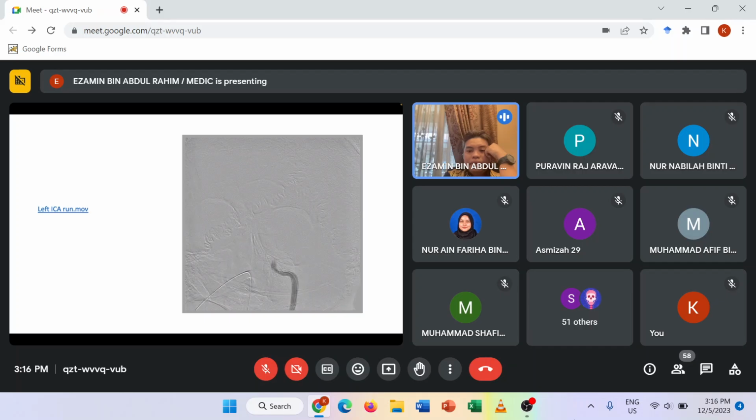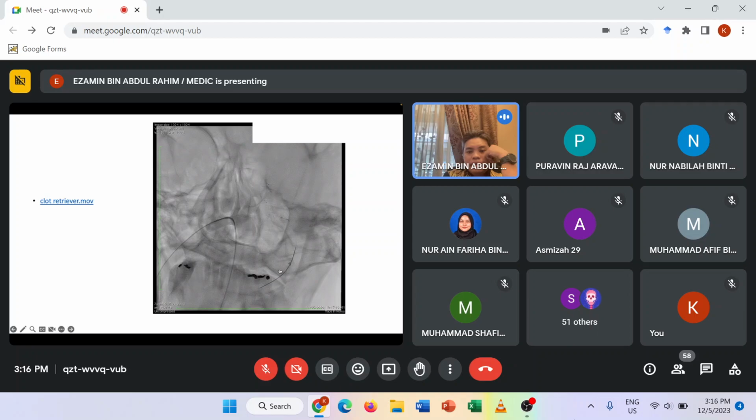This is again an angiogram on the left side. This one is left side, this is right side, and this one left. Right, always this side. If you notice in this angiogram, this is our catheter there. And again, this is a stent retriever, sometimes we call it a clot retriever. The many dots are the markers of the stent.